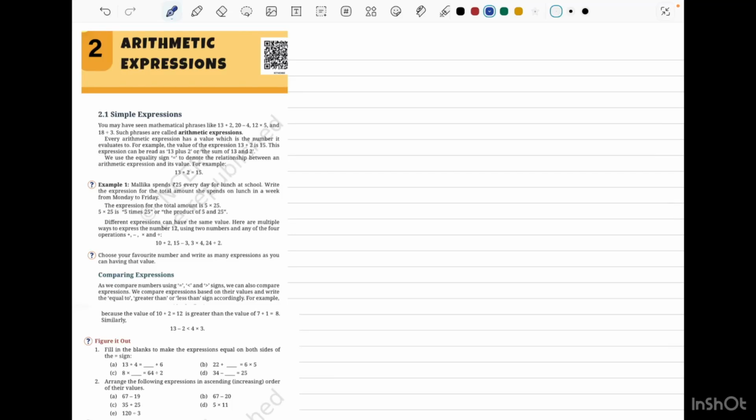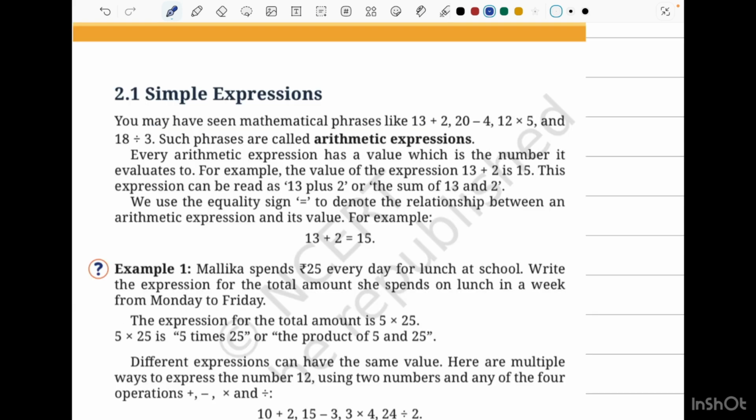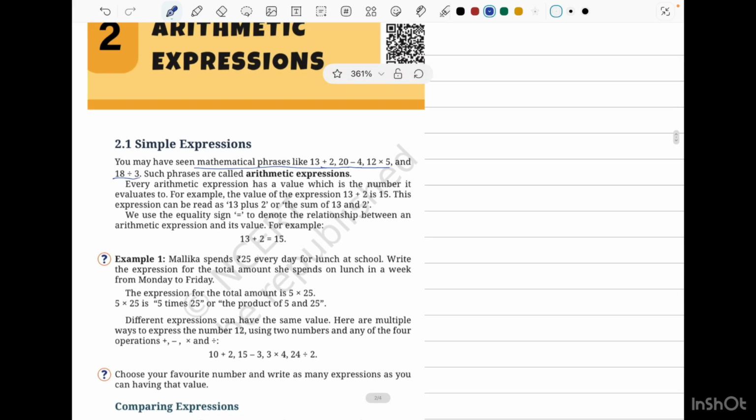In this section, we will discuss arithmetic expressions, chapter 2. We have seen that mathematical phrases like 13 plus 2, 20 minus 4, 12 into 5, and 18 minus 3.